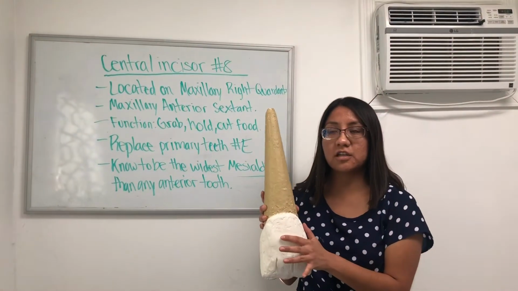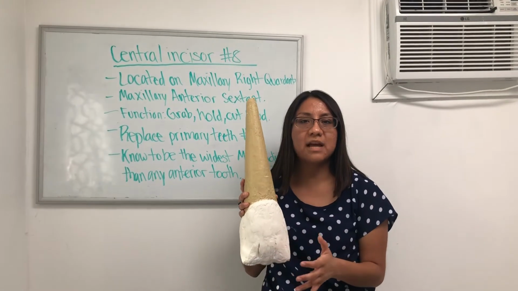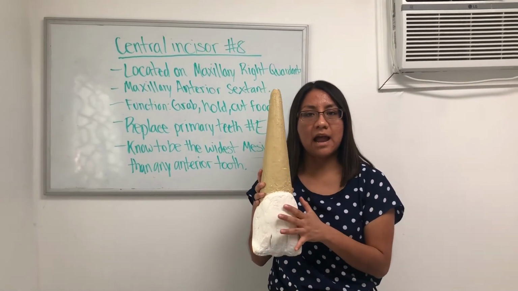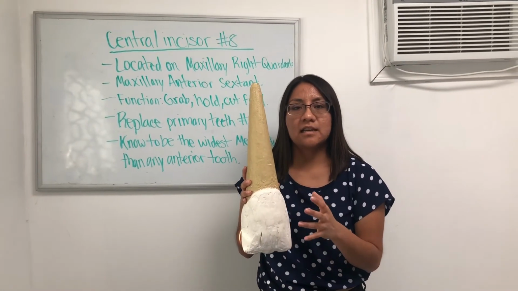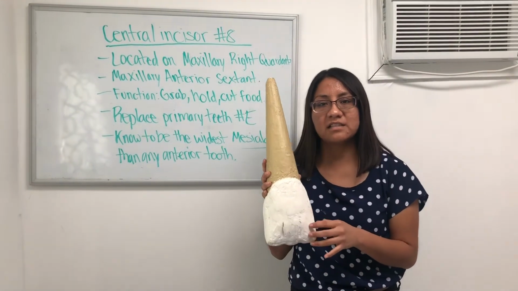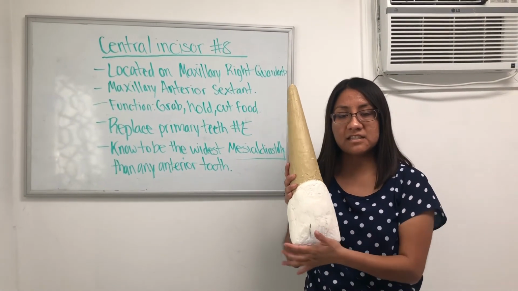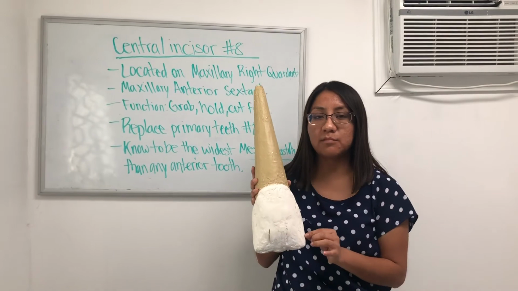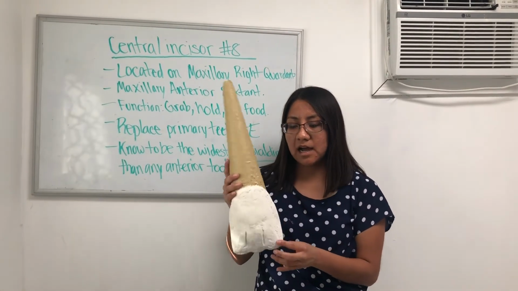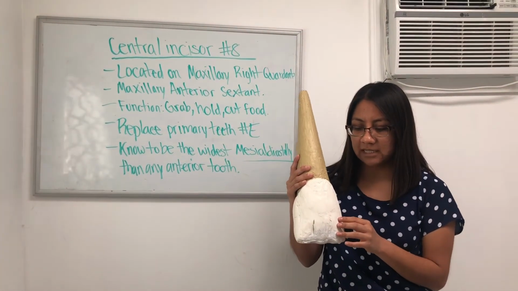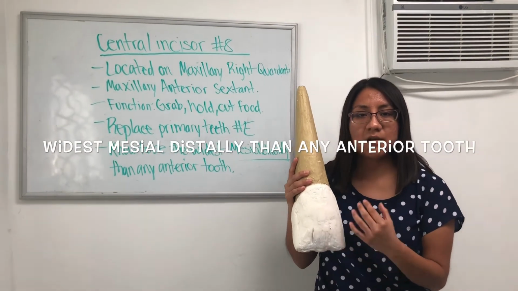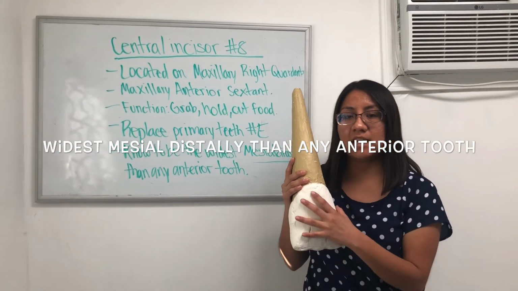Now, the function of this tooth during mastication is to grab, hold, and cut food because of its incisor ridges and its triangular proximal form. Another thing to remember is that it's the widest mesiodistally of any anterior tooth.